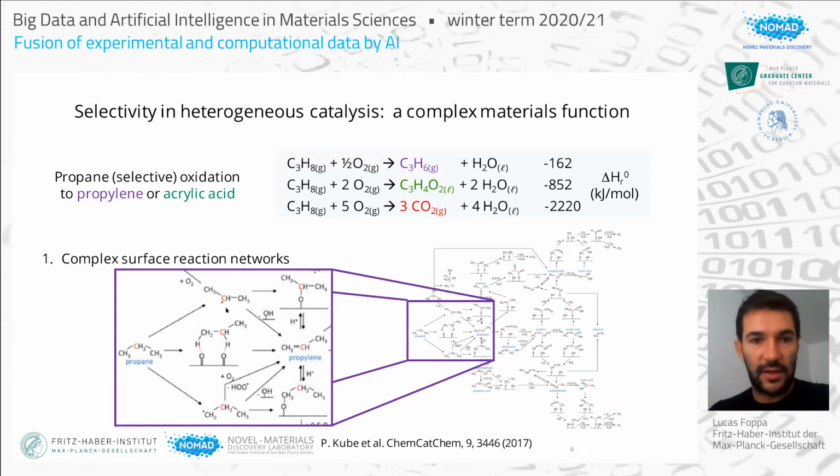Here, for instance, just from propane to propylene, this is a part of this reaction network. You can see that several pathways will lead to the propylene. And also from propylene, you have several possibilities. So this makes the situation very complicated and much more complex than these simple cycles that we normally draw to understand catalysis. So this is the first point. These surface reactions are very complex and interconnected.